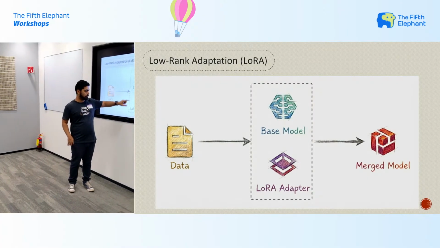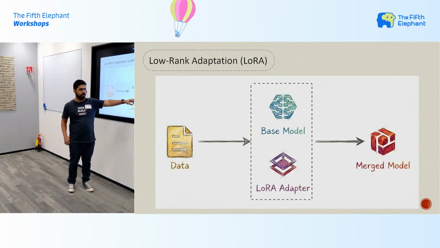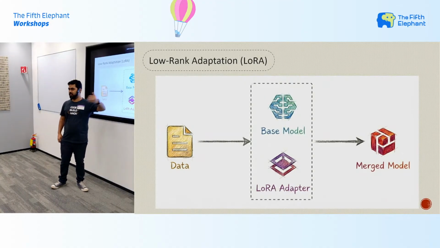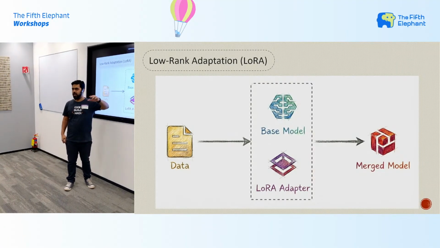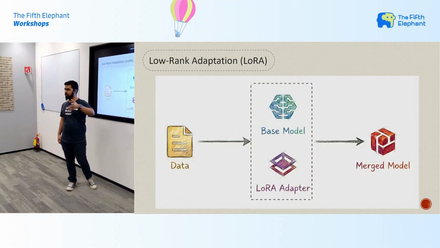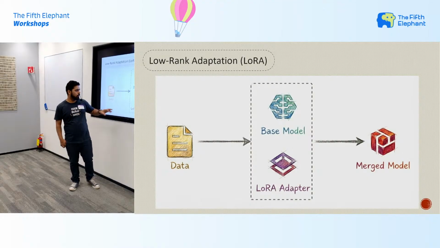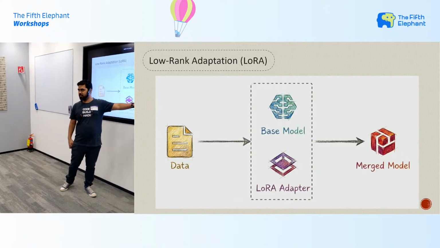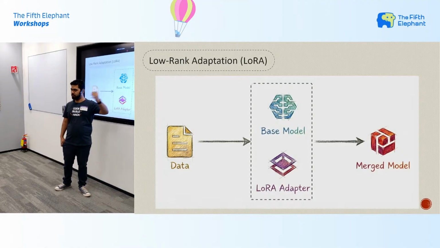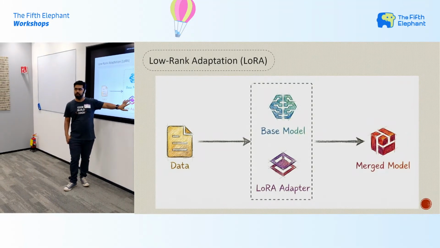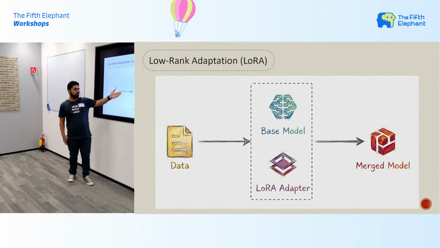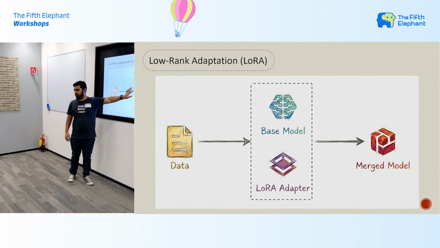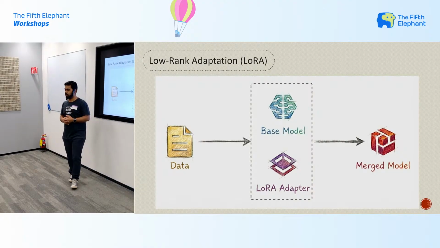I would basically merge with the adapter, create a merged model. This would give me the results that I'm looking at. Just using the base model would give me a bad accuracy, bad F1 score, whatever you are trying to measure. But when I do this merging and I have this merged model, on this when I evaluate, I have much better results, because this is where your actual training happened. You are creating an adapter, right? Tomorrow, as I was mentioning, the base model gets updated. You can just swap the base model, you have the adapter, you connect with it, merge and work on it.